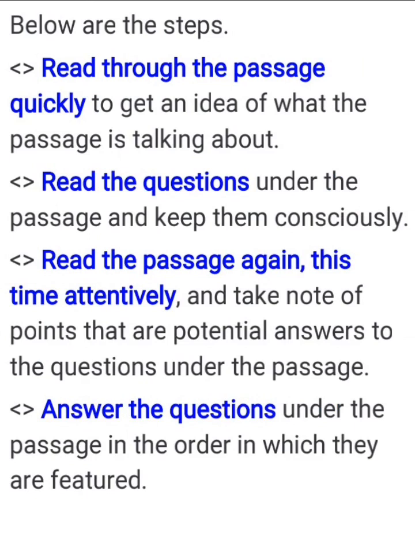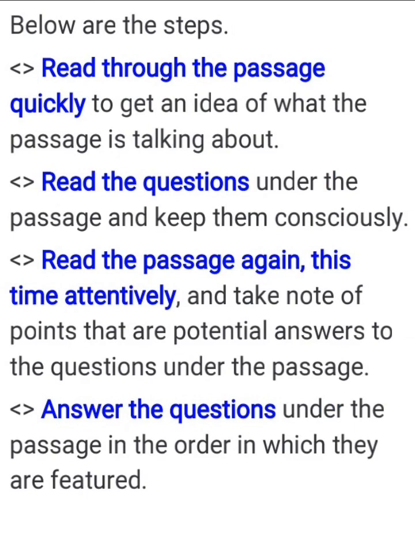Reading through quickly will tell you whether the passage is talking about politics, education, or another area of life, so that at least you know what you are working with. That's the first step. You read through the passage quickly to have a glimpse of what the passage is talking about.